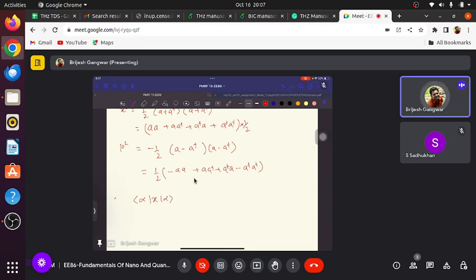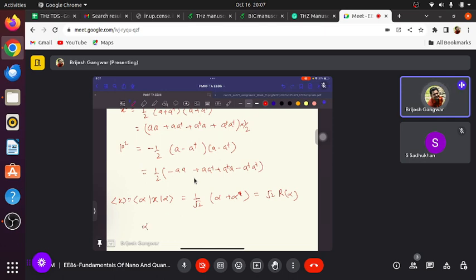Now if you calculate the average value, this will be the formula for average x. This will be equal to 1 by root 2 times alpha plus alpha star, so you can write root 2 real part of alpha.